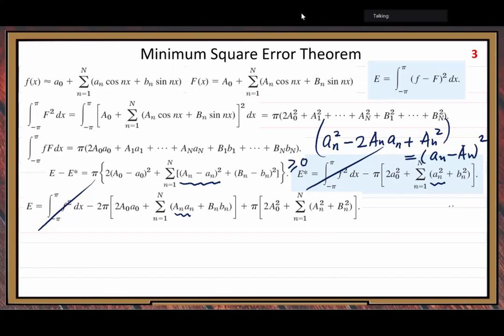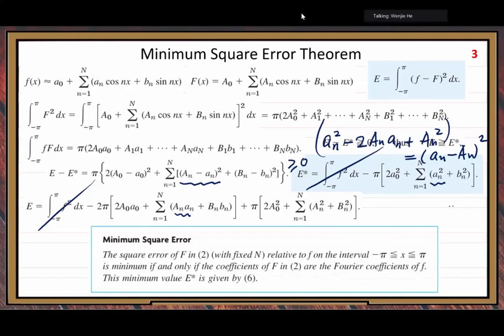That's important. That's the meaning of this theorem, the minimum square error theorem. So let's look at the theorem part.